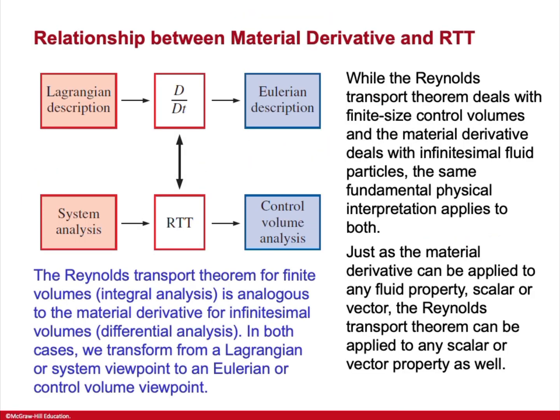Okay, to start to summarize, like I said in the beginning, this will sink in better as we apply these Reynolds transport concepts to mass conservation, which is the next section. So the key takeaway is when to use which. At least have an understanding that in order to connect a Lagrangian description to an Eulerian description, you use the material derivative.